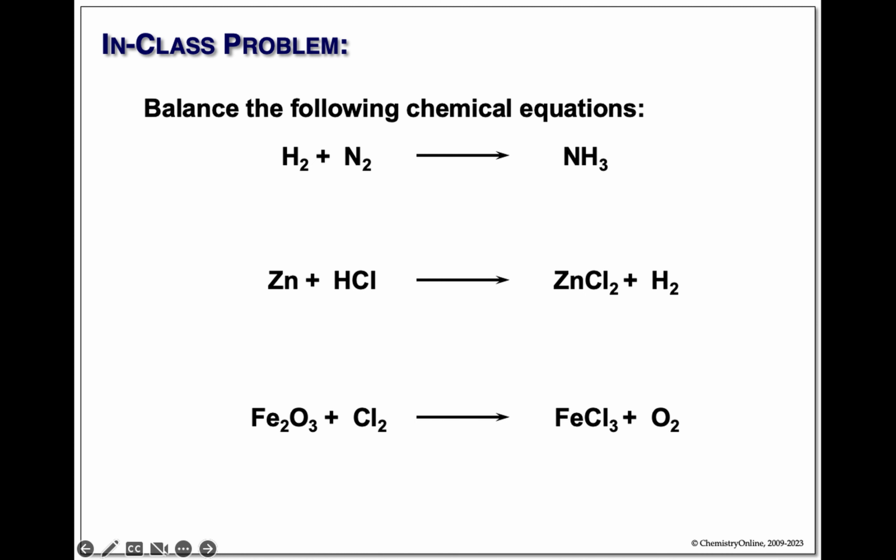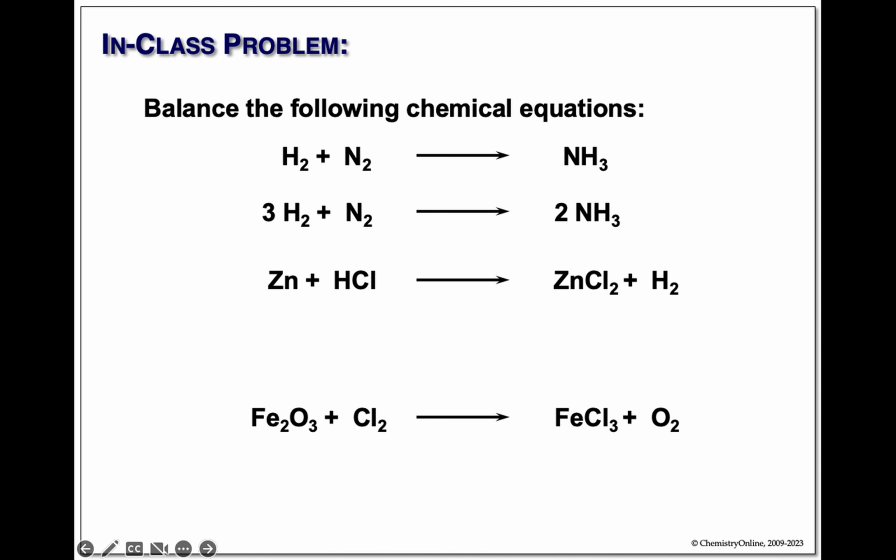That's good because that's what we have, right? It also gives us 6 hydrogens. We only have 2 on this side. We need a 3. 3 hydrogens, 1 nitrogen into 2 ammonias. And I got it right.